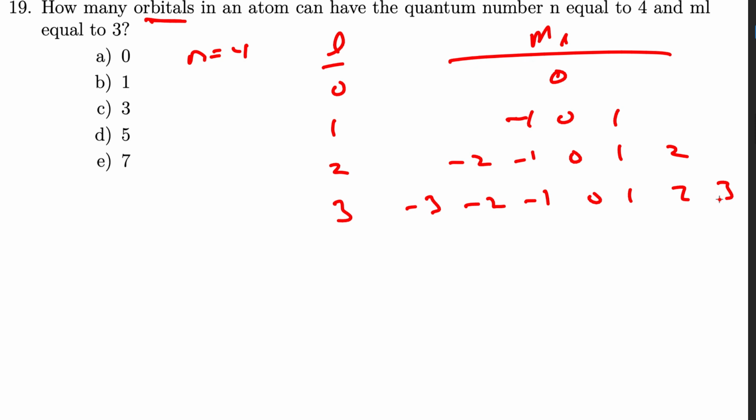It's denoting m sub L equals 3, and that would just be 1 orbital, which corresponds to a maximum of 2 electrons. So again, please make sure you pay attention. Is it asking you for the maximum number of electrons or how many orbitals?